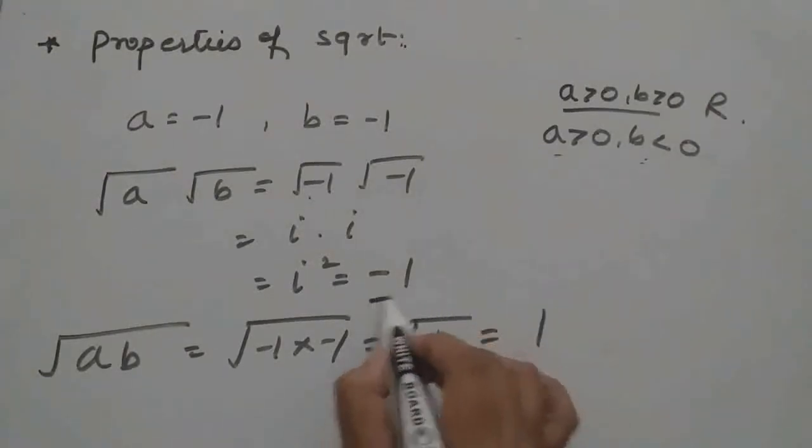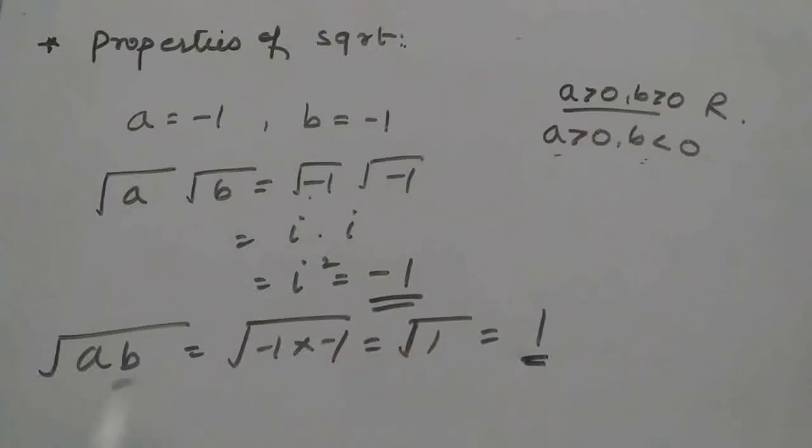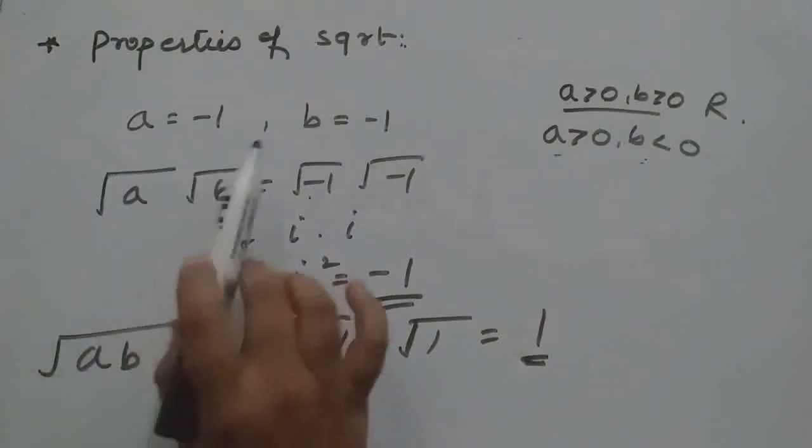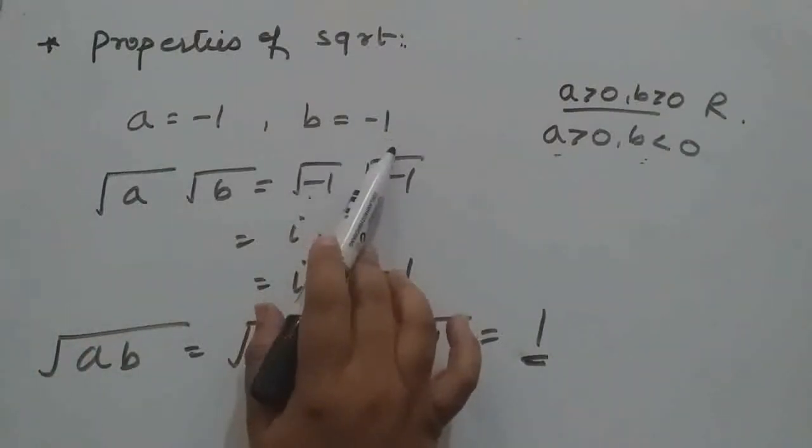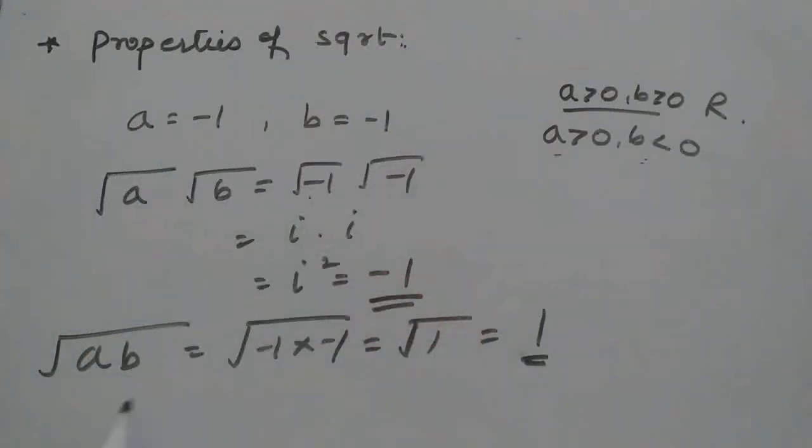Okay, so in this case, see, it is not equal. So we can say that for the case where both are negative real numbers, root of ab cannot be equal to root a into root b.